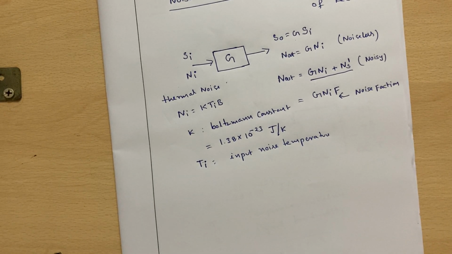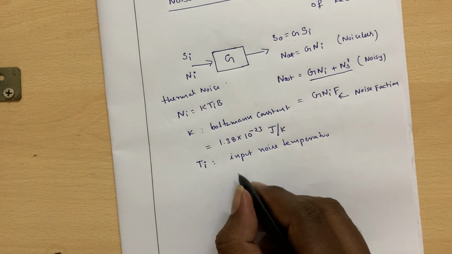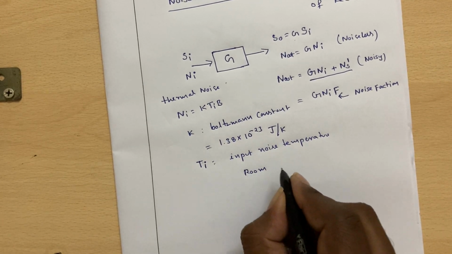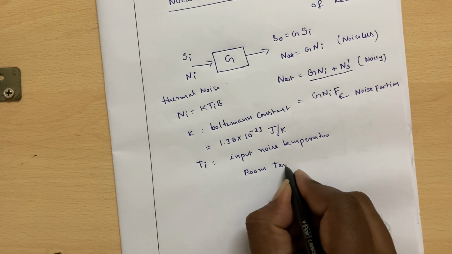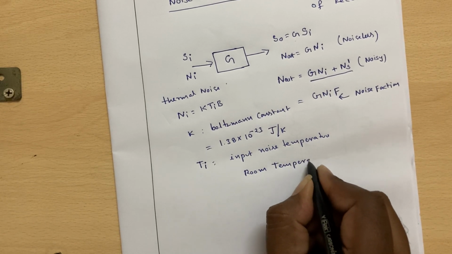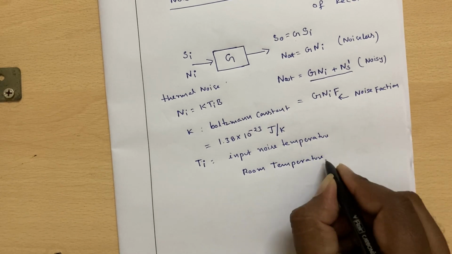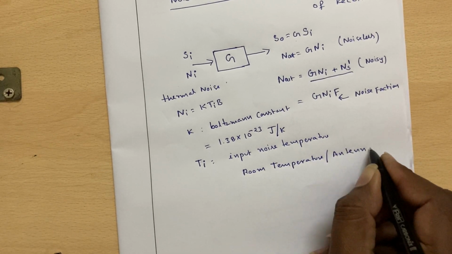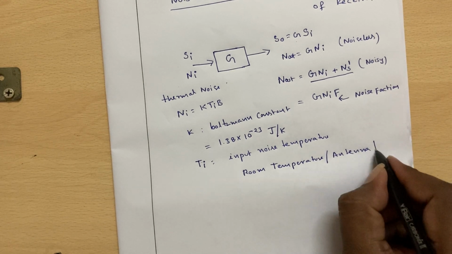The input noise temperature to a receiver can be room temperature, or if data is available, we can take the antenna noise temperature.